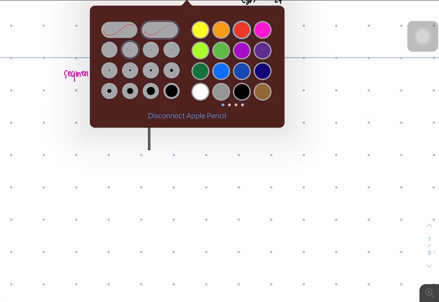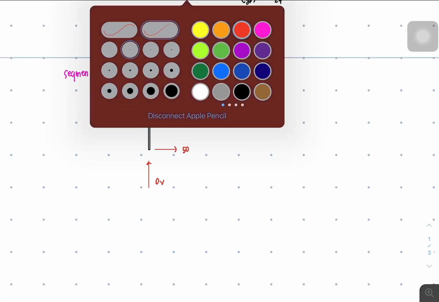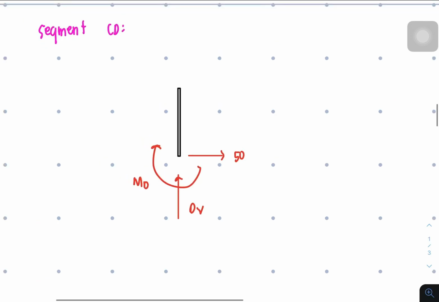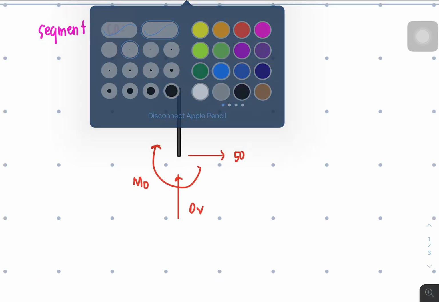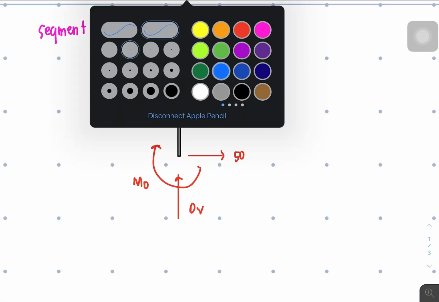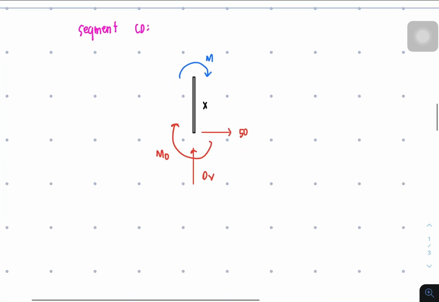And then we have this to be 50, and we have this to be dV. Anyway, dV will just be cancelled out, so I won't emphasize it. And then you have MD here, and we have a moment m, and this is the direction since that is the consideration in the section, and that is point x.